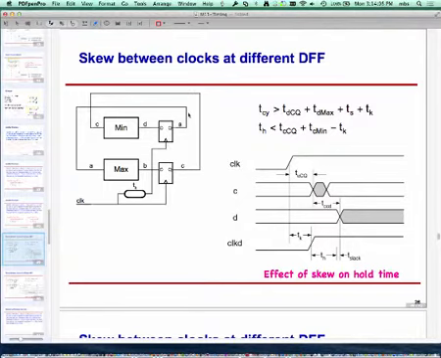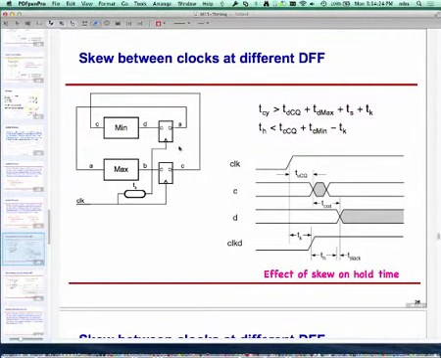So if you think about it, this clock edge can work in your favor or can work against you. If I'm looking at the setup time, in this particular example, the fact that this upper flip-flop sees the clock edge arriving late is bad for us because it's starting out late.